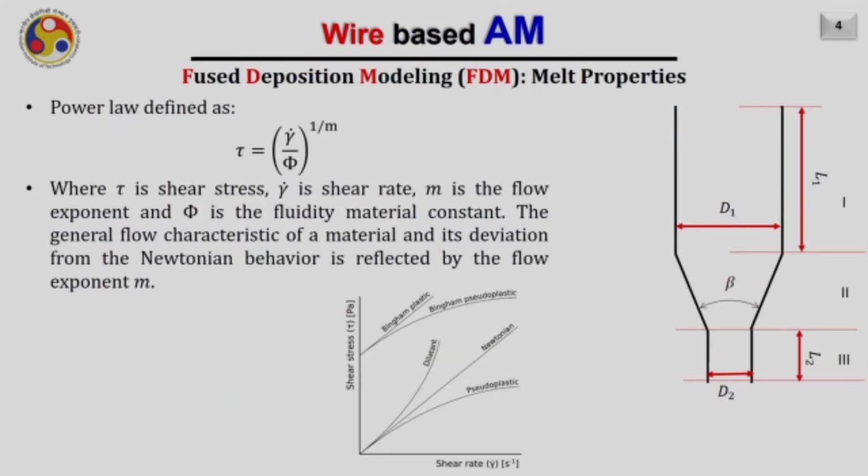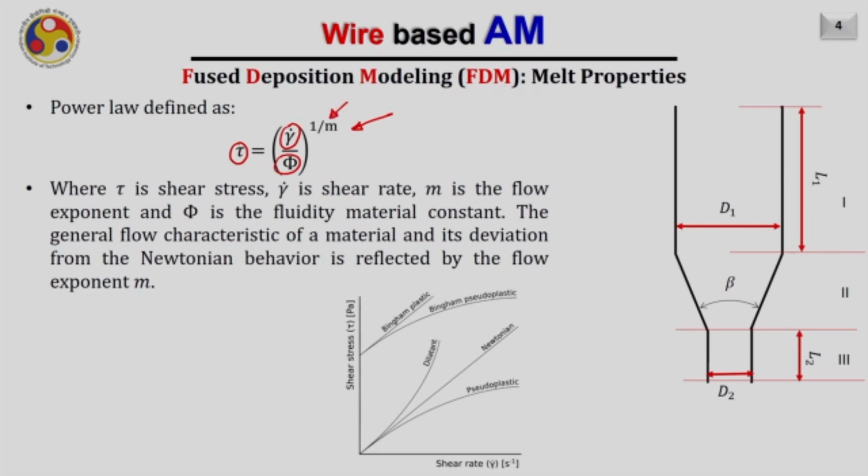So, the power law can be defined like this. It says the shear stress tau will be equal to the shear rate gamma dot divided by the fluidity phi, where fluidity is nothing but the reciprocal of the viscosity, to the power 1 upon m, where m is the flow exponent.